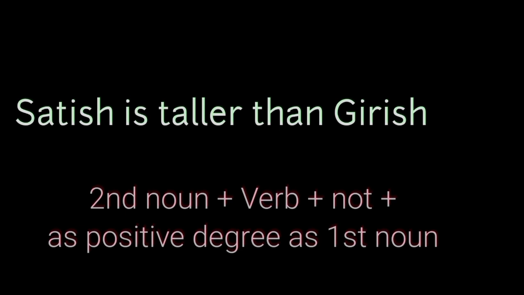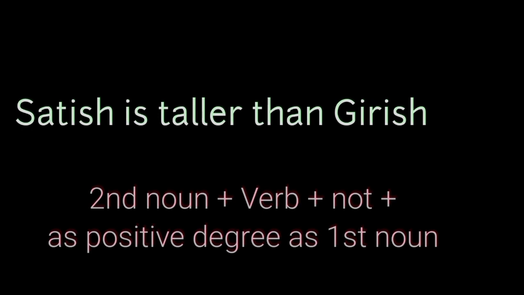Second noun should be placed first, plus verb. After that, not should be added. When we change one degree to another, we should not change the meaning of the sentence. So in order not to change the meaning of the sentence, we should add not.